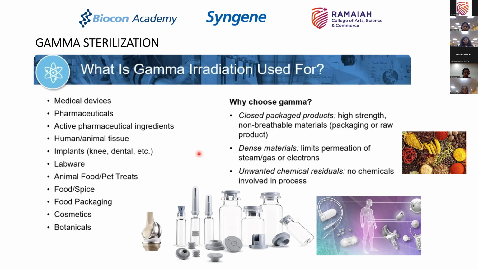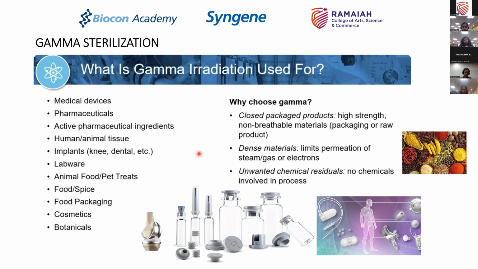For example, all the implants which we get, the dental implants, the knee implants, a lot of wearables, as I said, today we are surrounded with a lot of stents, for example. Anything which cannot be heat sterilized, you would see being gamma irradiated before it comes to you.